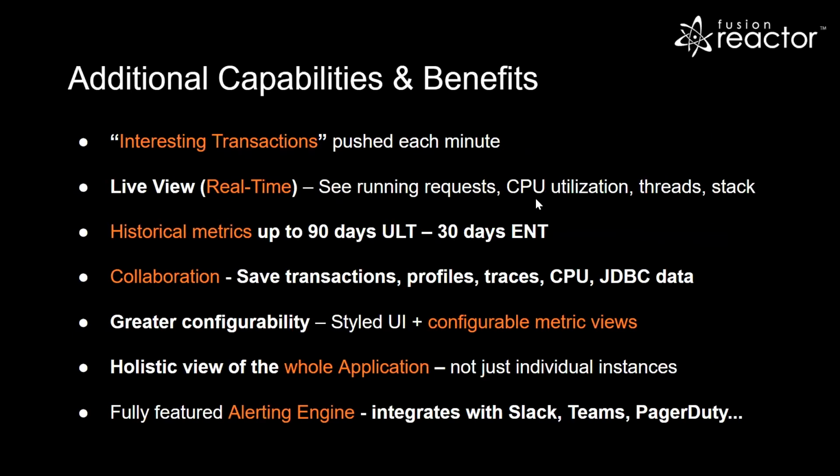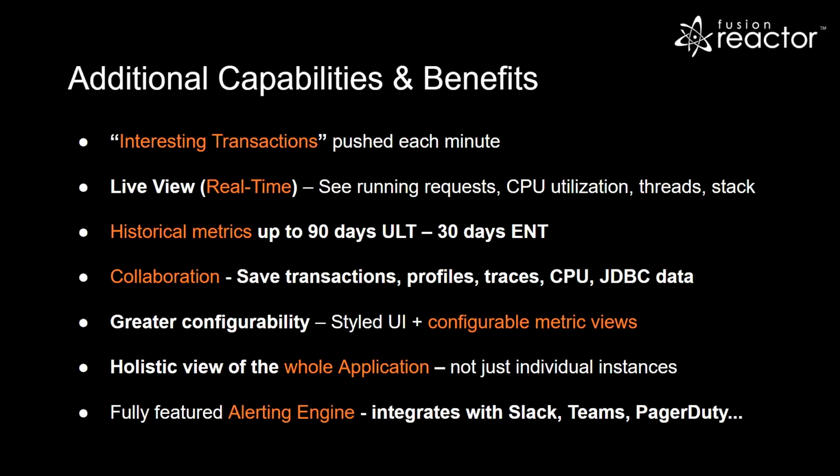So what are some of the additional capabilities and benefits? The first thing, interesting transactions. FusionReactor Cloud tries to take the guesswork out of what's going wrong. It's analyzing transactions which have taken place, and it's picking out the transactions which it believes you will be most interested in.